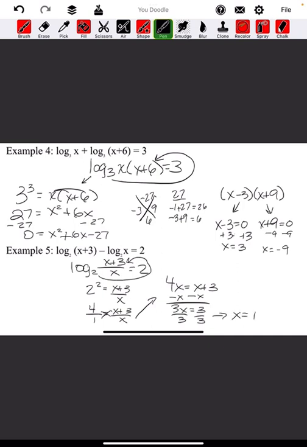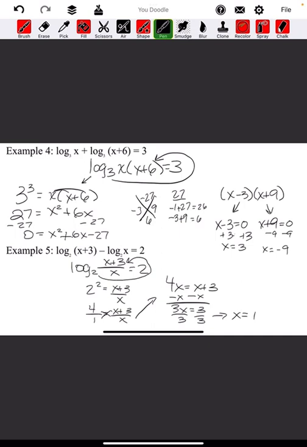Over here, we subtract 9 from both sides and get x equals negative 9. You have to list both answers. When we plug them back into the original equation, these answers will make sense. However, there are some problems where they do not make sense when we plug them back in, and I'll show you some examples when we get back face to face.